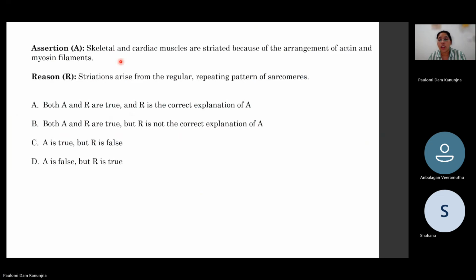Okay. Next, skeletal and cardiac muscles are striated because of the arrangement of actin and myosin filaments. And striations arise from the regular repeating pattern of sarcomeres. So basically the striations, where are they coming from?